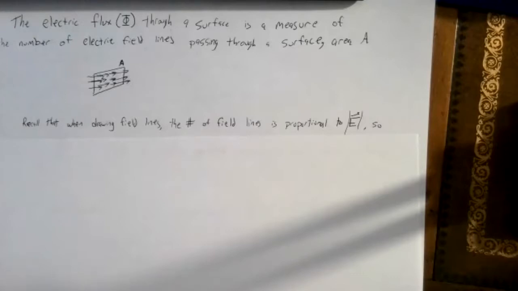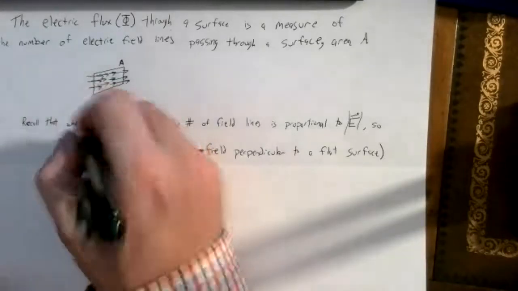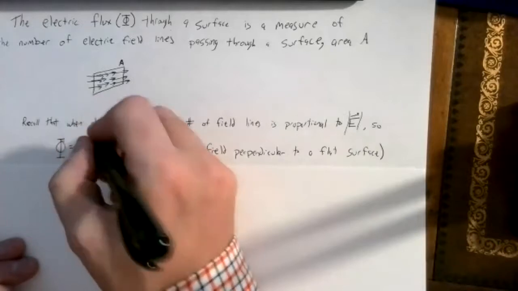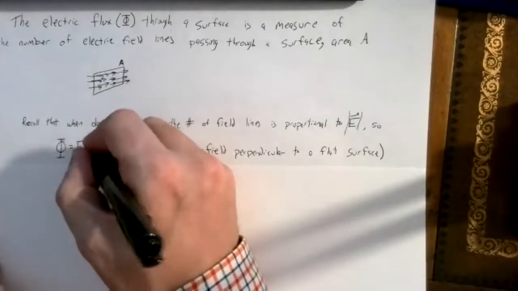We can come up with a simple equation. The electric field times the area? Yeah, exactly. It's just going to be the electric field times the area, right? The magnitude of the electric field. It's a uniform field, so it's the same value everywhere.